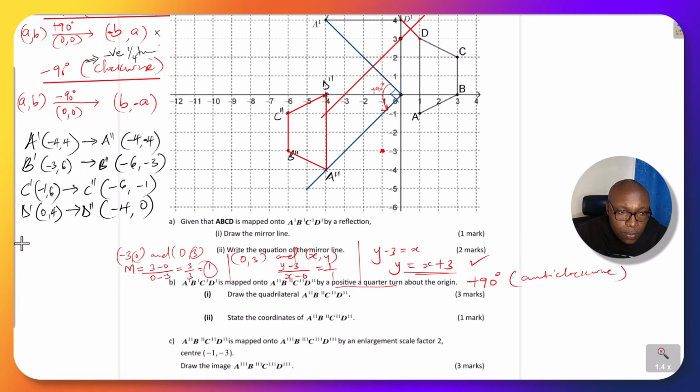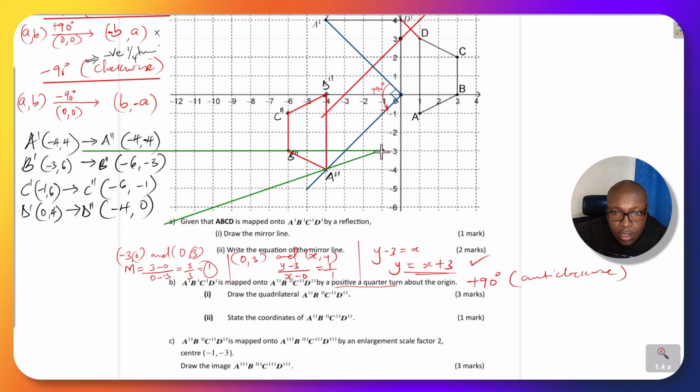So this is what we do. Using a ruler and a straight line, you are supposed to join each of these points from the center. So from the center, join using a straight line to A, like that. So from the center to each of the objects, then from the center of enlargement to B using a straight line like that.